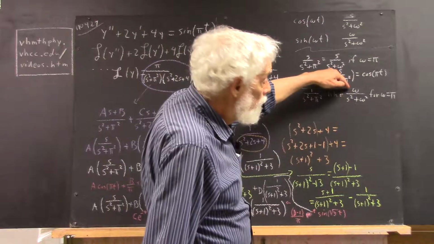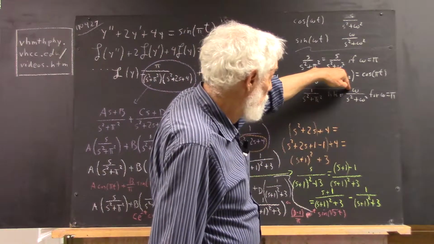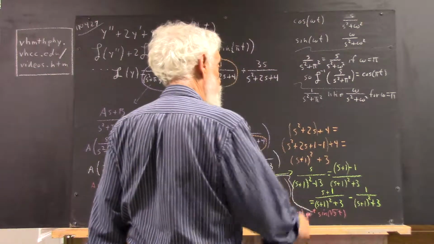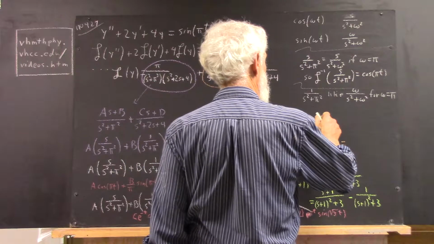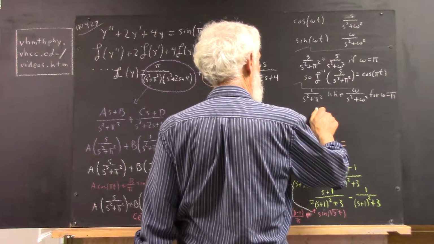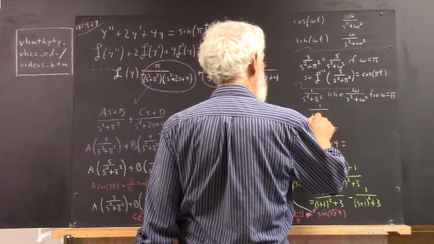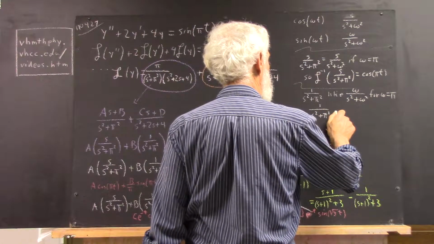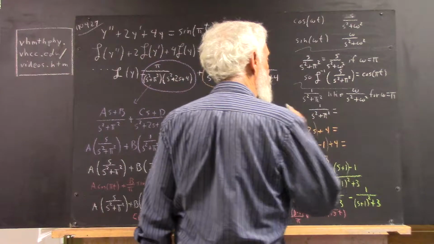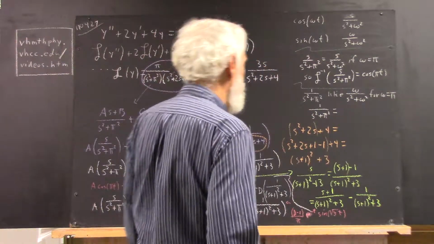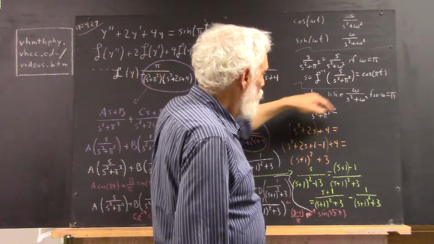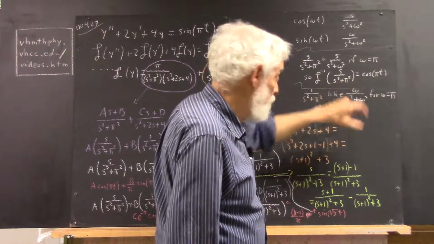But you don't have that omega up in the numerator. Well, you're missing the omega in the numerator. If you got a 1 up here, then this is like 1 over omega times this.